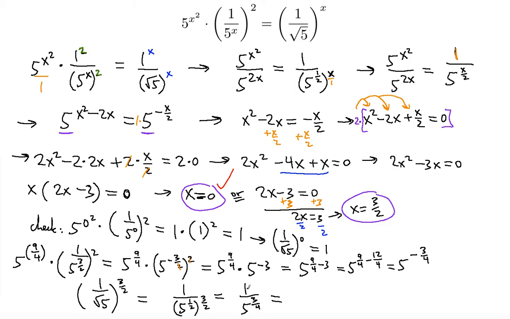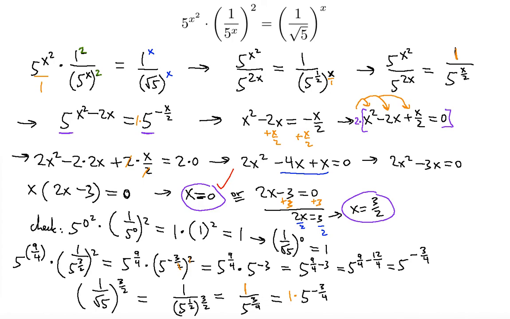Now we can flip. If you flip, you will essentially have 1 times 5 to the minus 3 over 4, right? Because minus 3 over 4 accounts for the original 5 to the 3 over 4 being on the bottom, in the denominator. If you want to get rid of the fraction, you have to put this in the numerator.